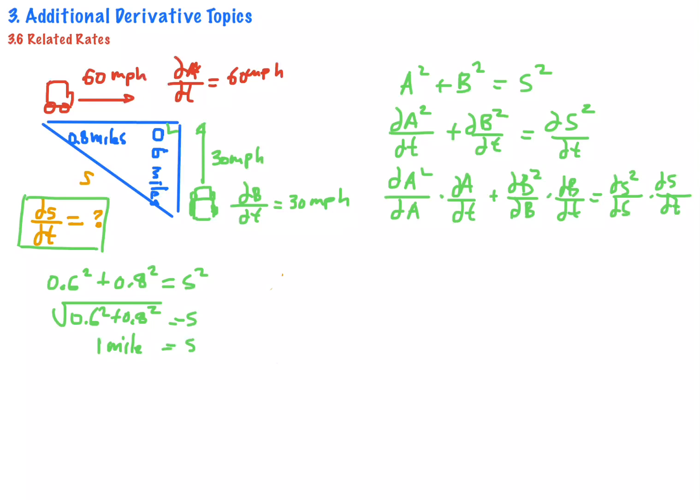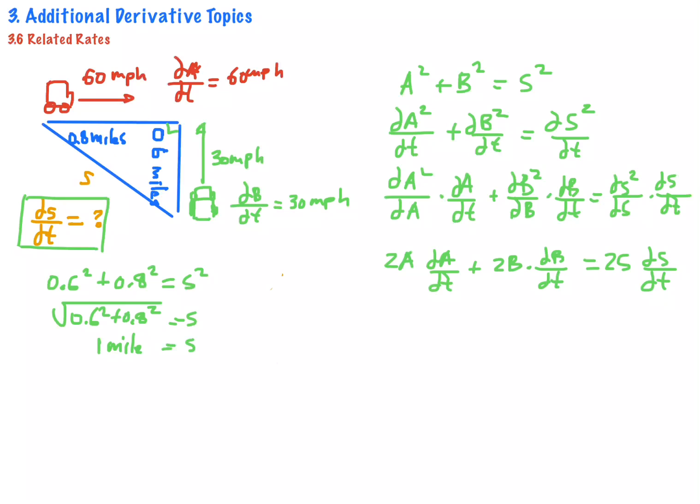I insist that you use this. 2a times dA over dt plus 2b times dB over dt equals 2s times ds over dt, and we are looking for ds over dt again.